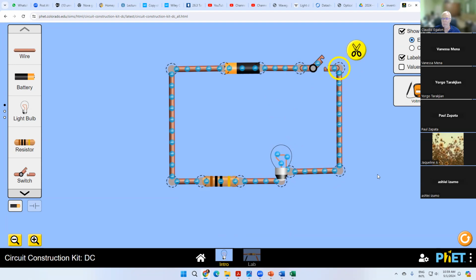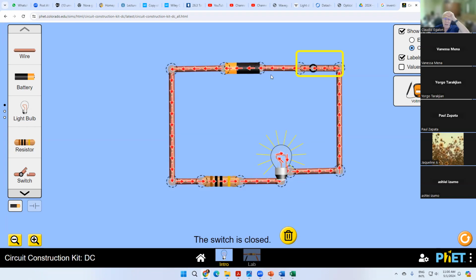We have the circuit. If I close the circuit, the electrons are going to flow in this direction. If I show the conventional direction of the current, it's going to be the other direction. Here's the current passing through the resistor, passing through the light bulb. Notice that the light bulb is shining, right?